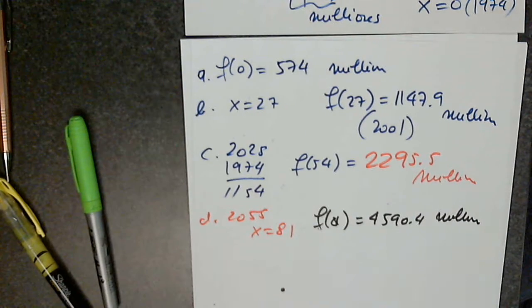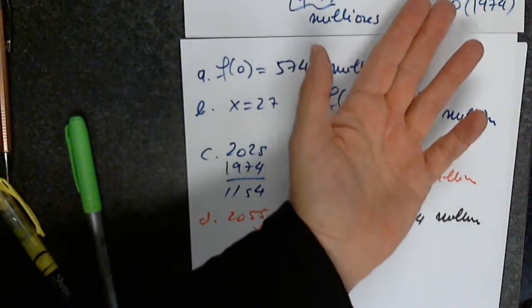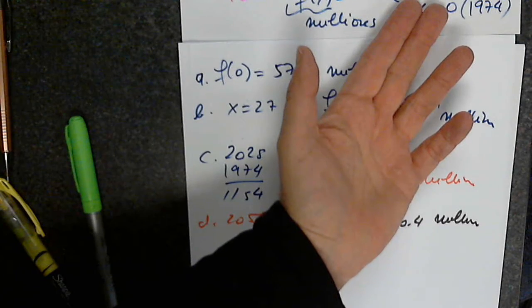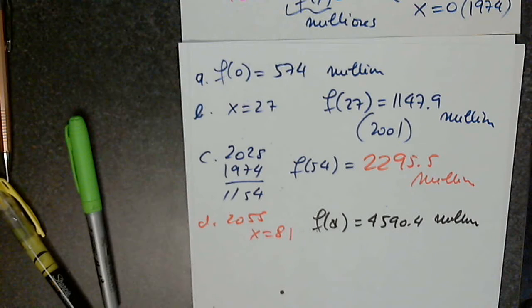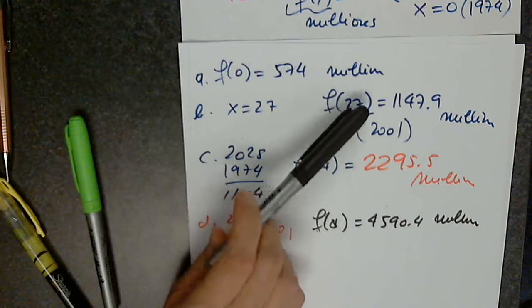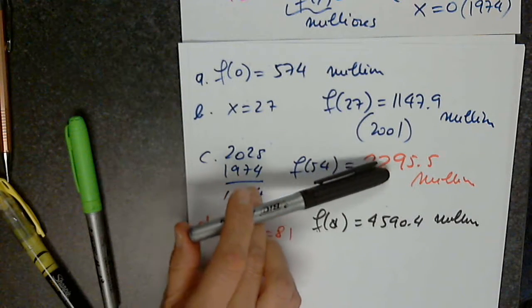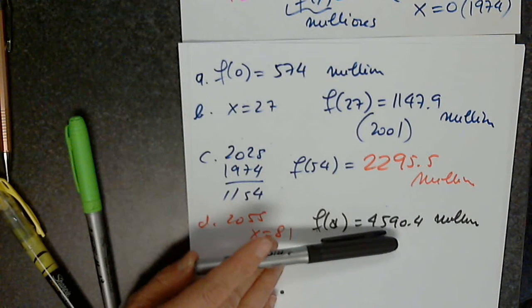So according to this model, we're asked, last question, part E, what appears to be happening to India's population? As you see, this is an exponential function with a base greater than 1. So it's an increasing function, and with 574 original in 1974. So what appears to be happening? 1147 roughly times 2 is 2295, which times 2 is roughly 4590.